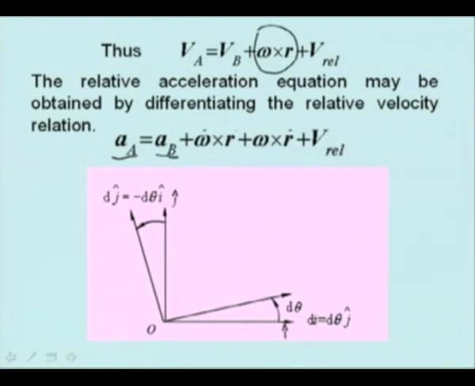Differentiate omega cross r, you get two terms because it is a cross product of two vectors: omega dot cross r plus omega cross r dot. Differentiate V_rel with respect to time, you get V dot rel.